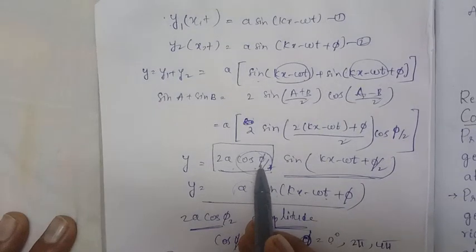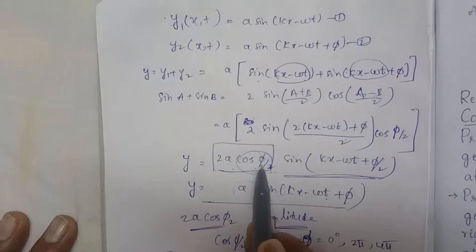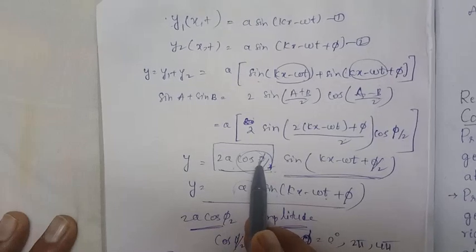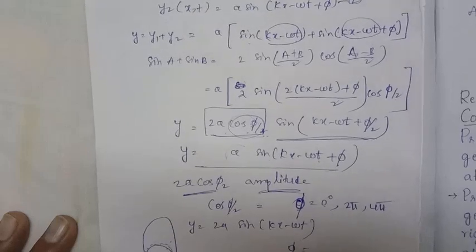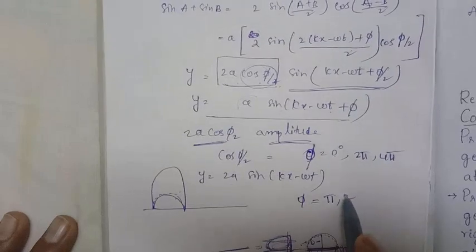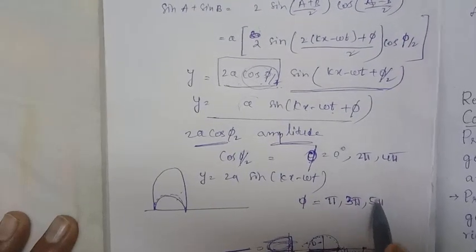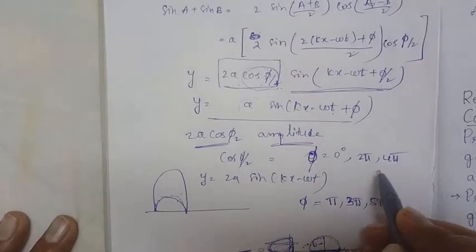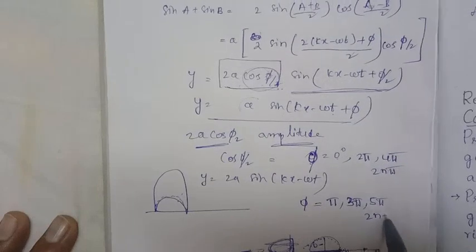Cos 90 means here phi by 2 is 90, so phi is equal to 180 degrees, that is pi, or 3 pi or 5 pi. So for constructive it is 2n pi, or in case of destructive interference (2n plus 1) pi.